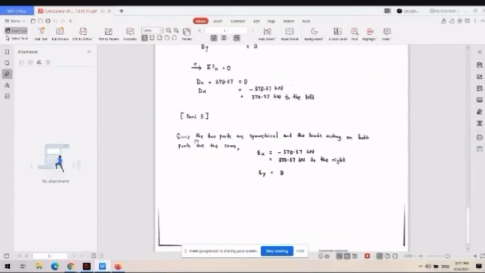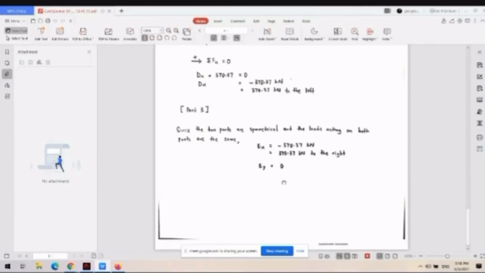For part 3, since the two parts are symmetrical and the loads acting on both parts are the same, Ex equals negative 370.37 kilonewton, which is 370.37 kilonewton to the right, acting in the opposite direction which we assume. Ey equals 0. That's all for the calculation part.